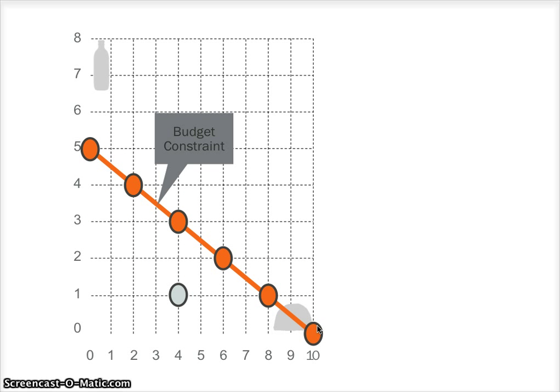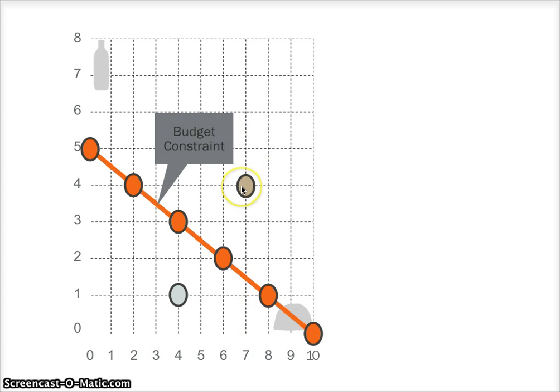However, if we have a consumption bundle outside, this is not affordable. Let's see if we agree. This bundle represents what? 7 patties, 4 beers. What's the price of a patty? $100. So 7 times 100 is 700.